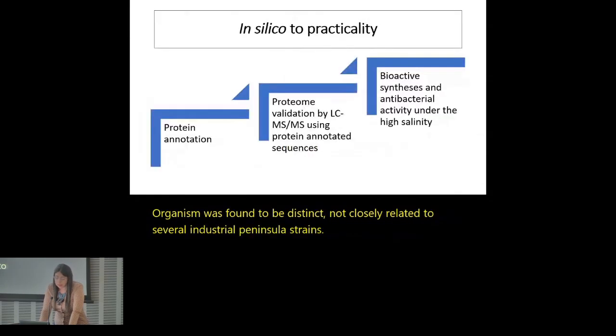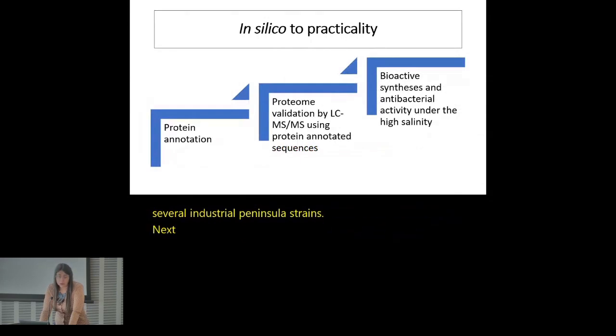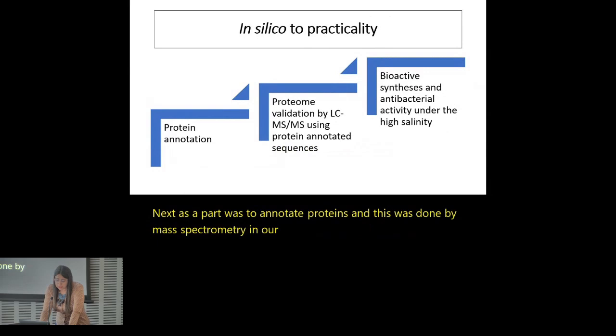Next, we annotated proteins, and this was done by mass spectrometry in our center. Bioactive synthesis and antibacterial activity was studied using, first of all, E. coli and other bacteria.